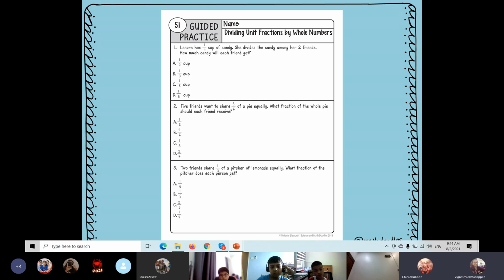What fraction of the whole pie should each friend receive? So you need to divide, correct? Yes, teacher. How to divide? 5 divide 5 over 6. No, 5 over 6 divide 5.